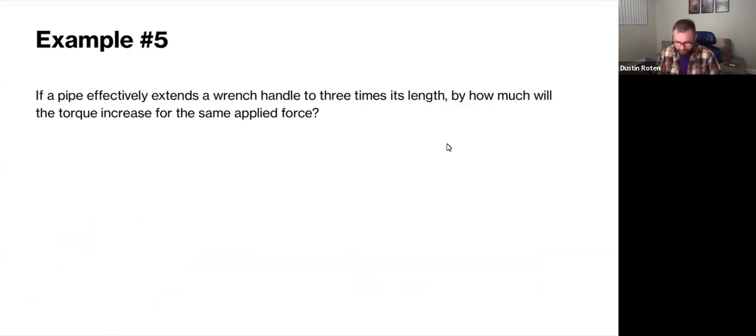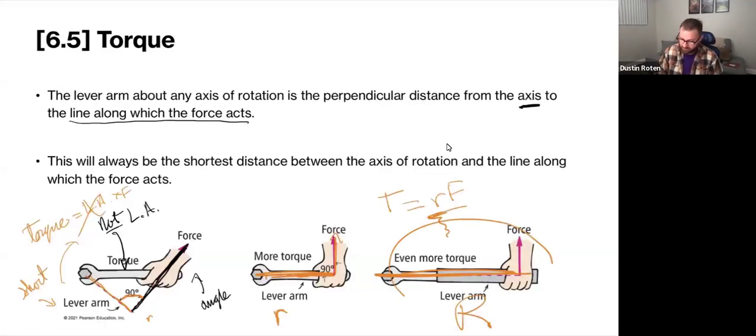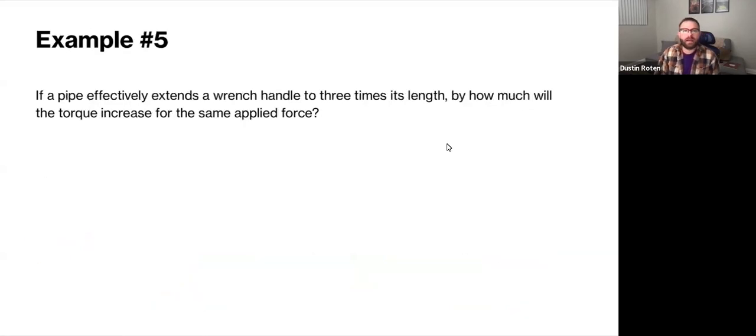So let's look at this example. If a pipe effectively extends a wrench handle to 3 times its length, so R becomes 3R, by how much will the torque increase for the same applied force? So our F in our equation stays the same.